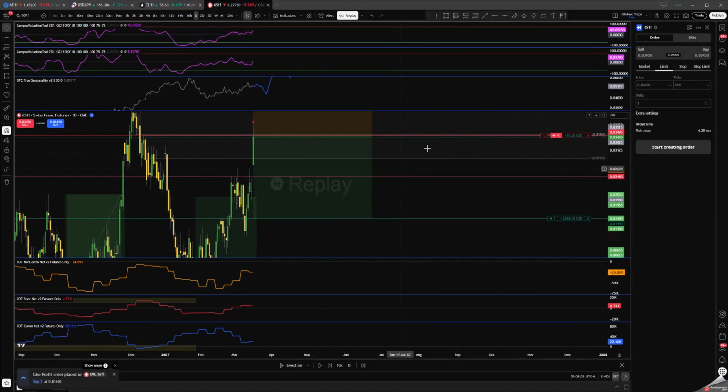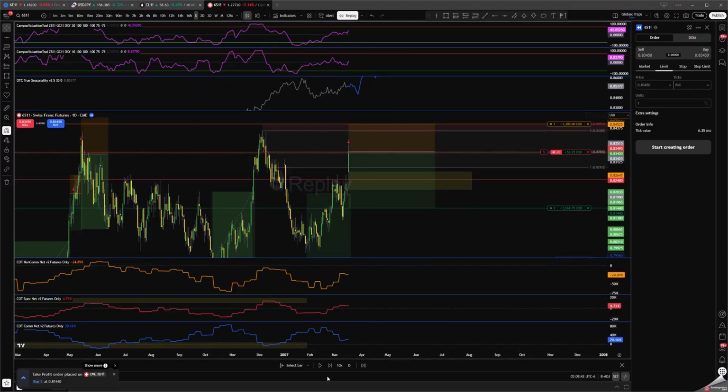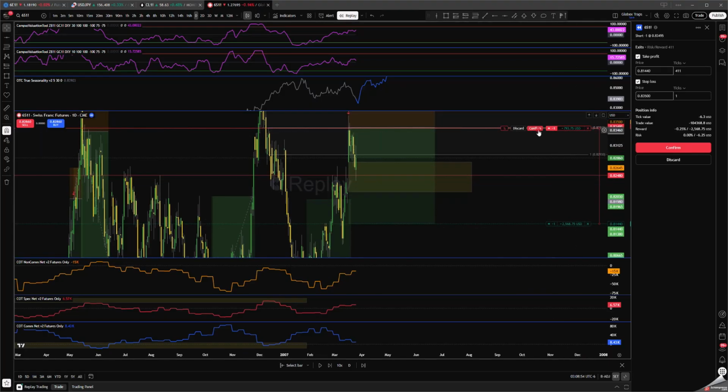And also there's this massive gap, which is really good for us because I'm expecting it to get filled. Okay, so stop loss to break even.